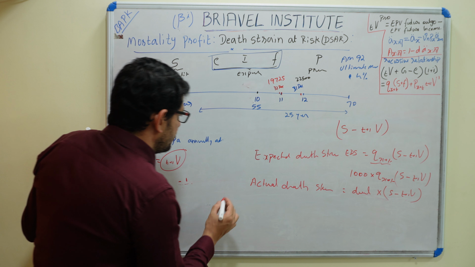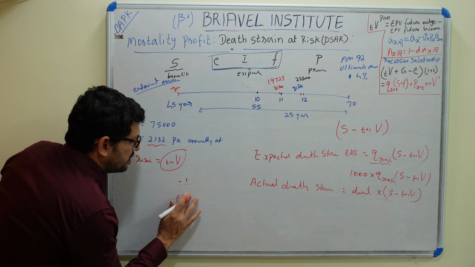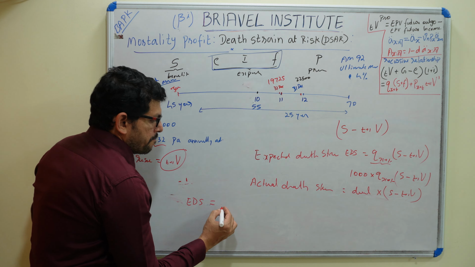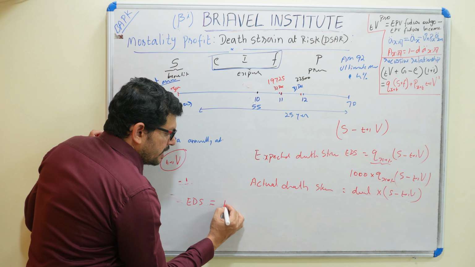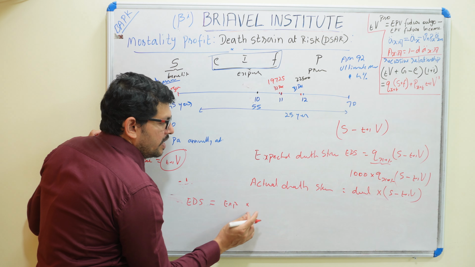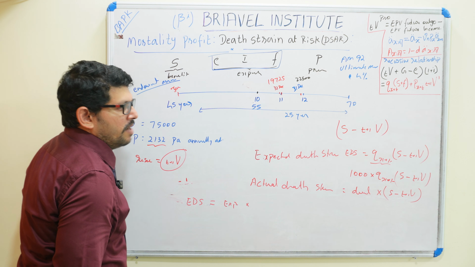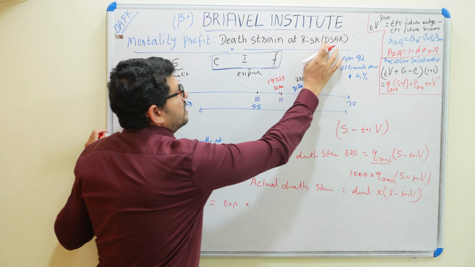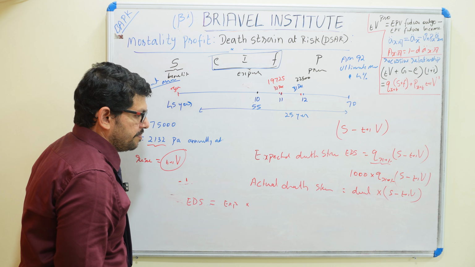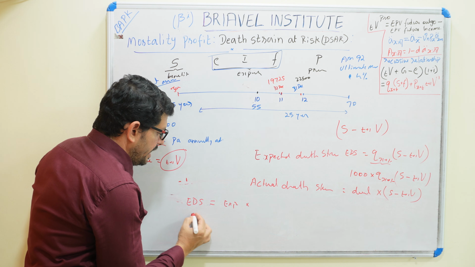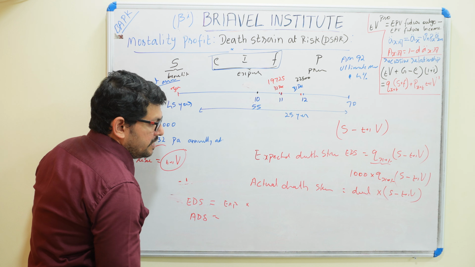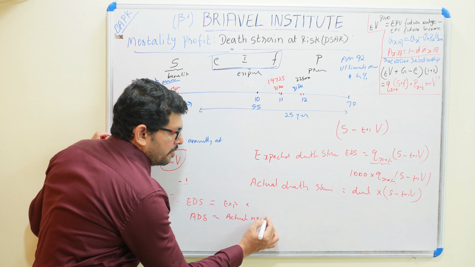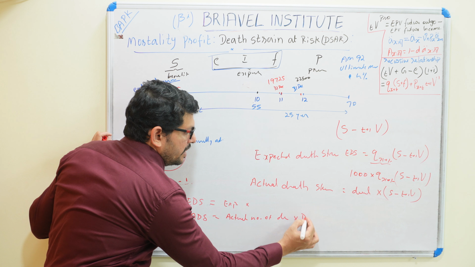So this is represented as EDS. Expected death strain is equal to the expected number of people who died, multiplied by our death strain at risk, DSAR. And ADS means the actual number of deaths, multiplied by the DSAR.